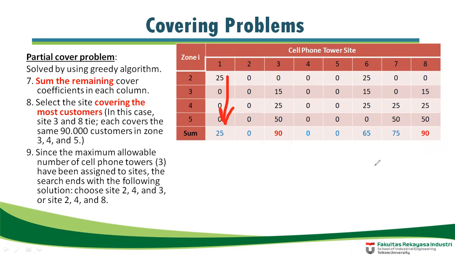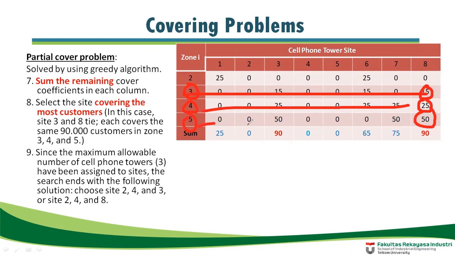Okay. If I choose tower number 3, it will serve zones number 3, 4, and 5. And if I choose number 8, it will also serve the same zones. If I eliminate these zones, the remaining zone will be zone number 2.